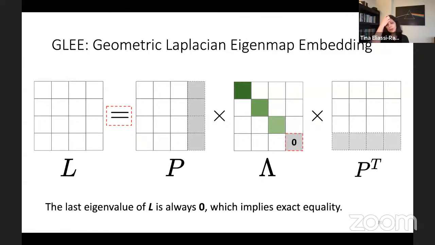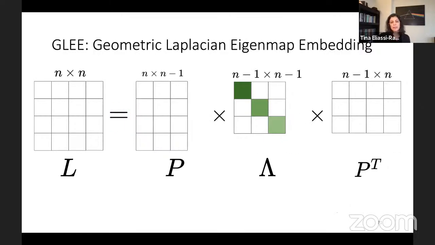And in fact, I know that the last eigenvalue of the Laplacian matrix is always 0. And so this is where I know that I can map a graph with n nodes into an n-1 simplex.